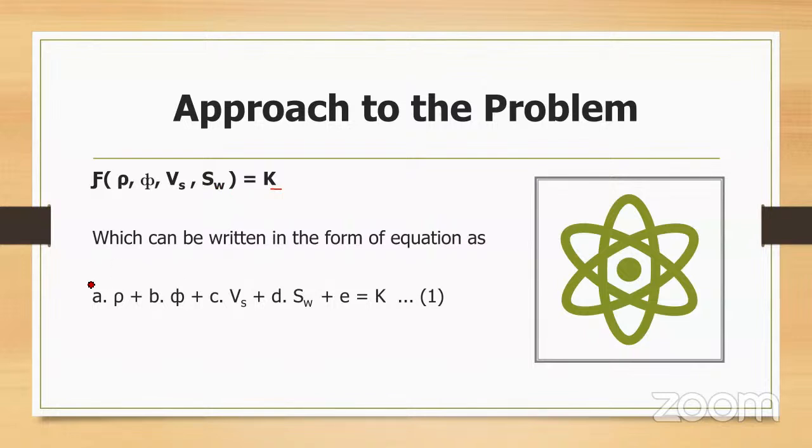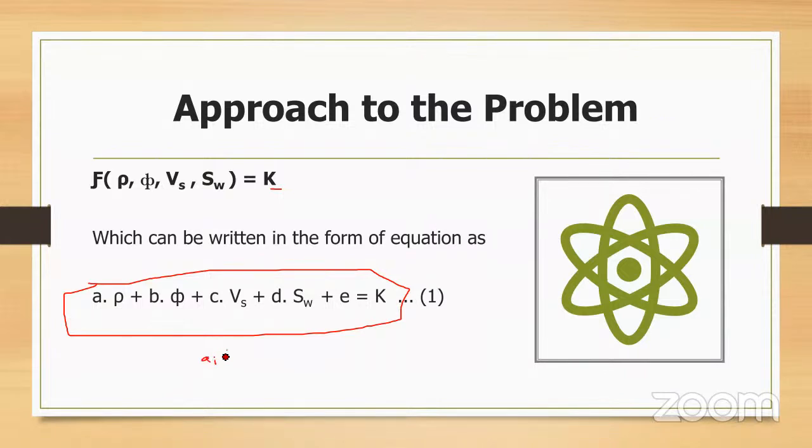A very simple way of doing this is the linear regression form, which is basically a constant multiplied by your input parameter. We can write it in a general form: the sum of Ai multiplied by Xi plus B equals your permeability, where A is the weight of each input parameter.